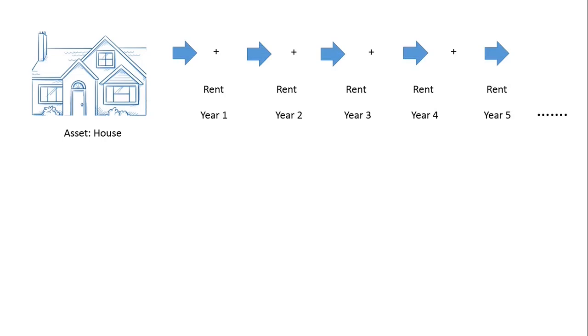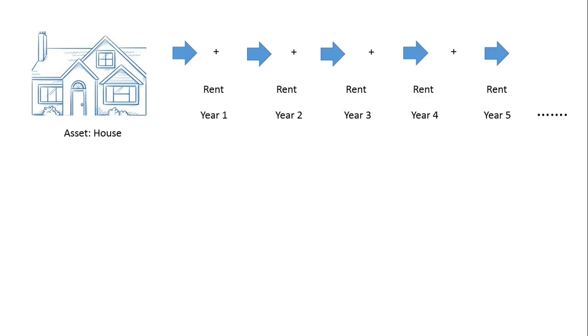For example, if a person purchases a new house, then rent can be earned from the same over a very long period of time. The house has been purchased to earn income for several years. So we can see that if a person has purchased this house, then in year 1, year 2, year 3, year 4, year 5 and so on, rent can be continuously earned over a very long period of time.